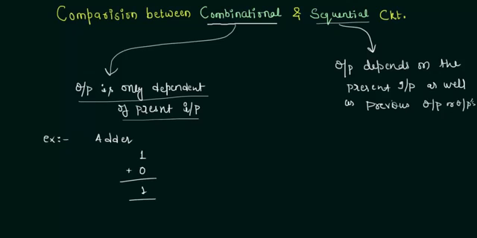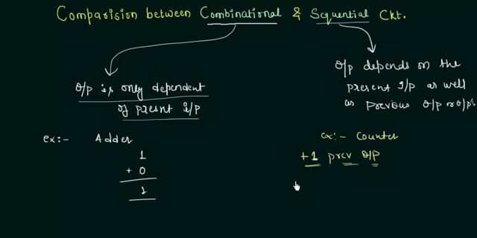But if I say a counter, it is a sequential circuit that we will complete at the end of this lecture series. So in a counter, what actually happens in your stopwatch or in devices which count the time? It just adds 1, or increments 1, to the previous output.